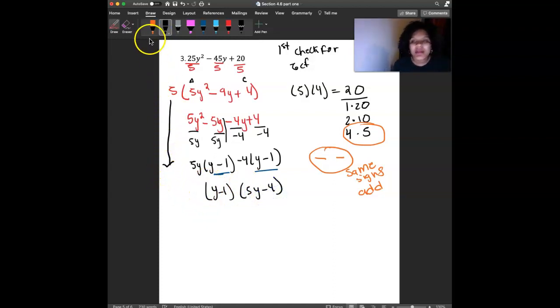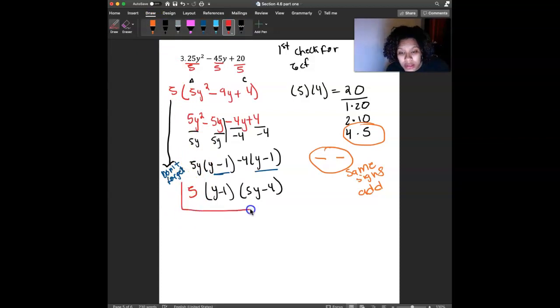And I cannot forget my GCF. Gotta come down. 5 right there. Don't forget the GCF, because if you forget it, it will be wrong.